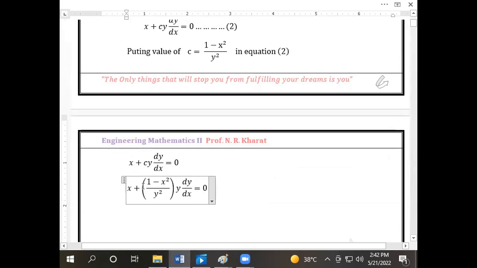In that, when we replace the value of c, we get x plus 1 minus x square upon y square is the value of c, and y times dy by dx equal to 0. Simplifying this, y square and this y, one y gets cancelled.